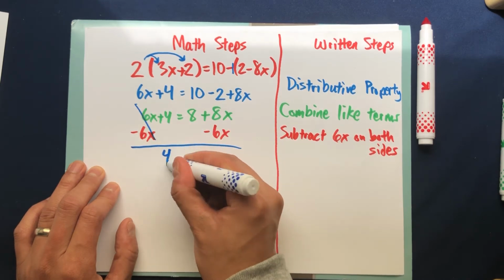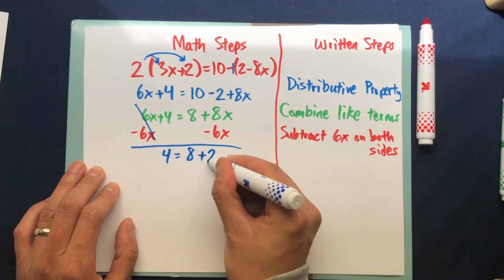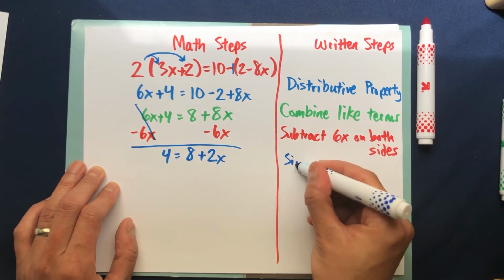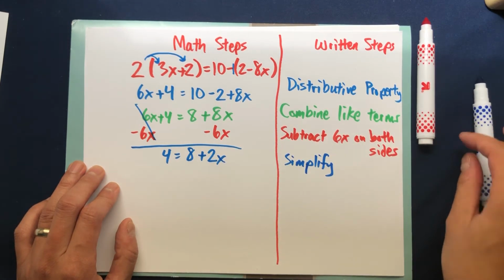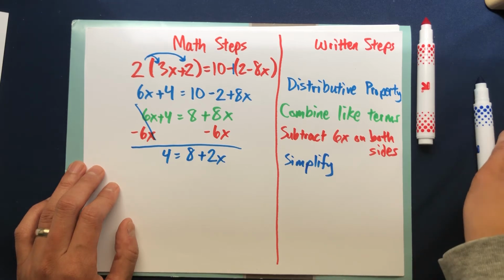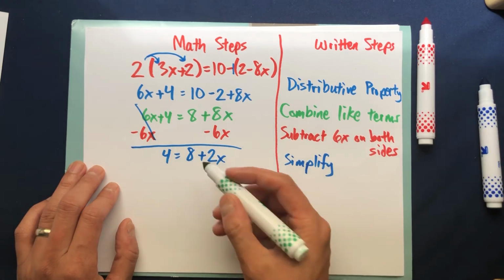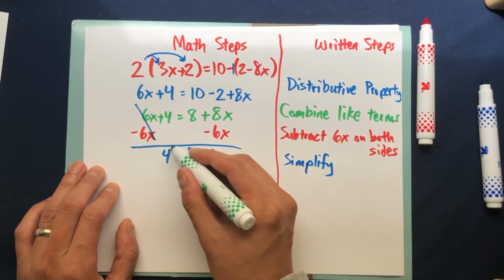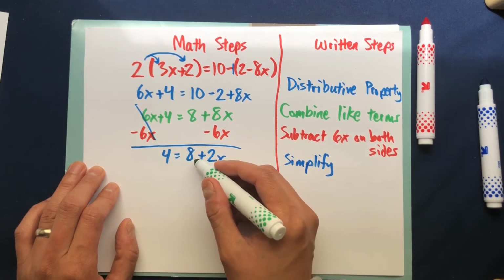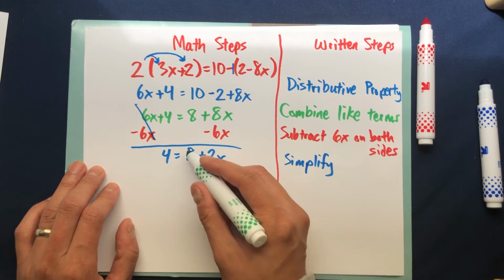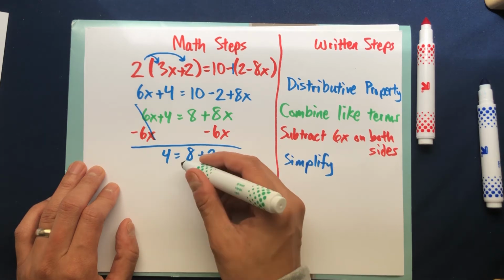And now we have 4 equals 8 plus 2x. We simplified it. After that, we have our number on the left side and a number and a variable on the right side. So we want our numbers on the left side. The opposite of positive 8 is going to be minus 8.